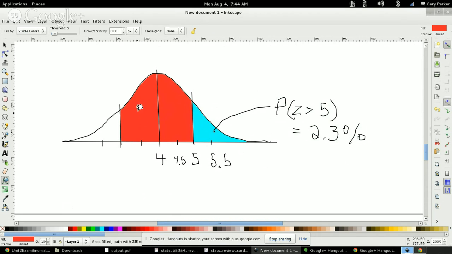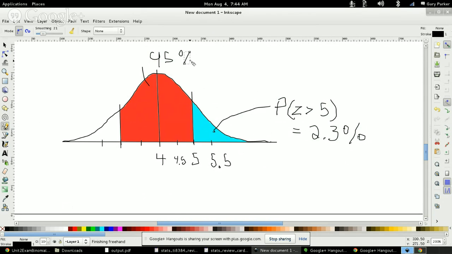If you look within 2 standard deviations of the mean, then you should expect to find, anybody remember? Excellent, 95%. That's my best drawing with a mouse this morning. So if that's 95%, then the tails have to split 5%, which means there'll be about 2.5% in each tail. Actually, it's more like 2.3%.